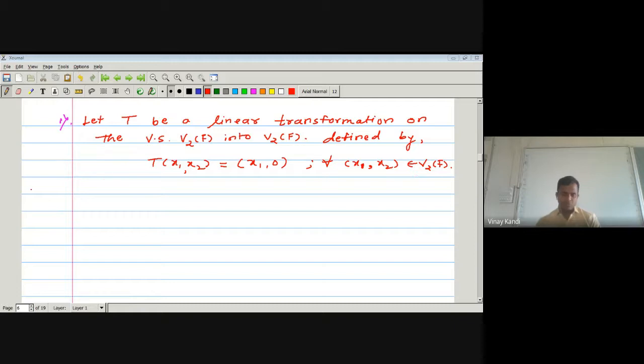Okay, so write the matrix capital T relative to the standard ordered basis.